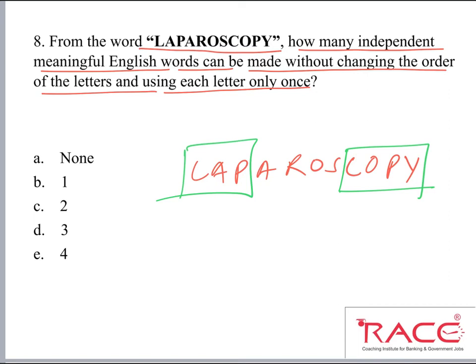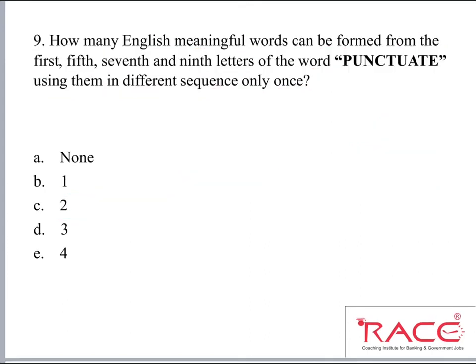Apart from that, we cannot make any meaningful word by using each letter in the same order and by using each letter once. So how many meaningful words can we make? 2. So what would be my answer? 2, and C. Okay, move to the next question.